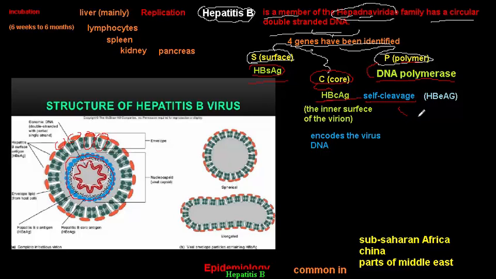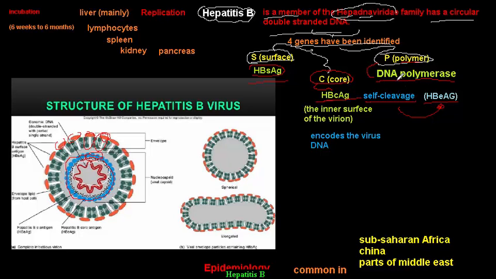It is the hepatitis B envelope or E antigen. So from outside inside you can find here the hepatitis B surface antigen. The blue thing is hepatitis B core antigen, and as a result of cleavage of the hepatitis B core antigen, the black dots here that you can see are the hepatitis B envelope or E antigens.